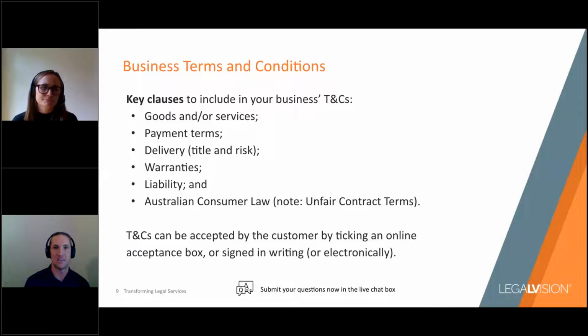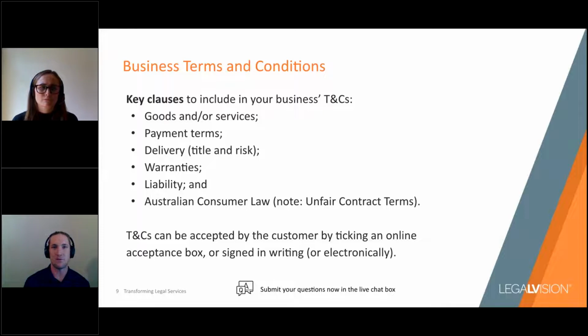Some other things we've got listed on the slide are goods and or services. It might sound obvious, but it is really important that where you're supplying goods and services, you're clearly defining exactly what you're providing. The takeaway point here is that, given you're the party supplying, ideally you want to define the goods and services as narrowly as possible to lower the risk of your customer expecting more than what you're expecting to provide them.